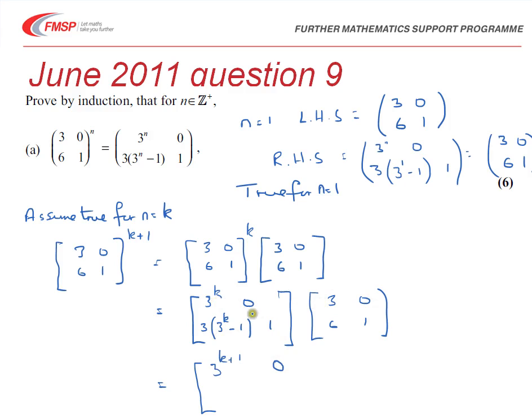The element on the bottom row is 3 times this and then plus 1 times 6. So this is the more complex one. It's 3 multiplied by 3 times 3 to the power k minus 1 and then plus 6. And the final element comes out to be 0 and 1 times 1 is 1.